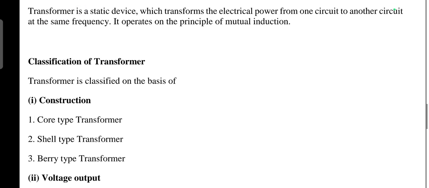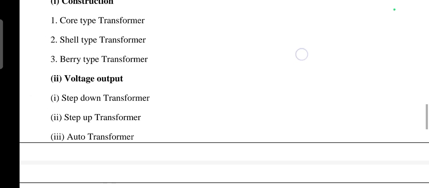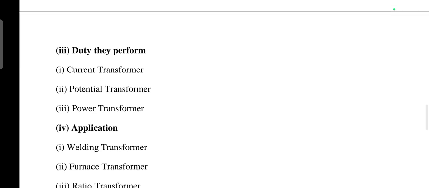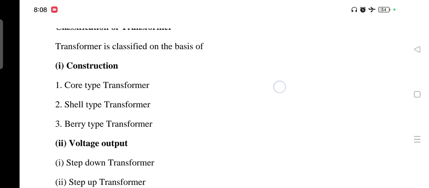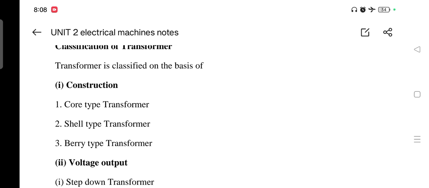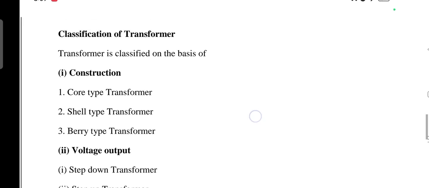Next, in the classifications of transformers, we are going to see that there are classifications based on their construction, voltage output, the duty they perform, and the applications. Based on construction, there are three types: core type transformer, shell type transformer, and berry type transformer.